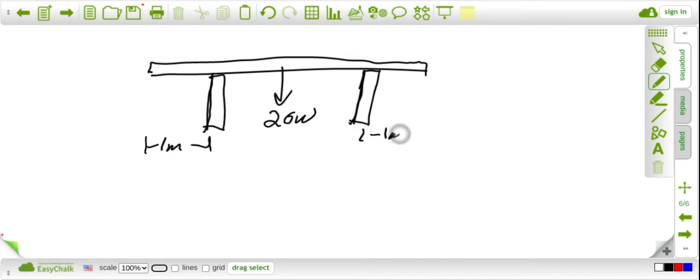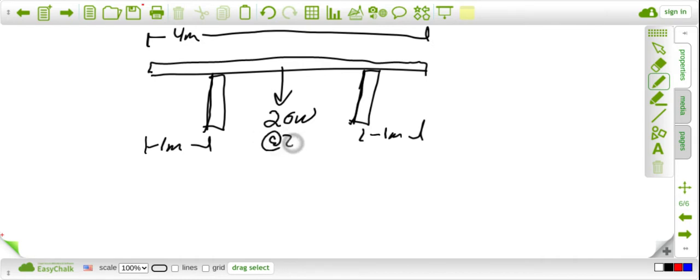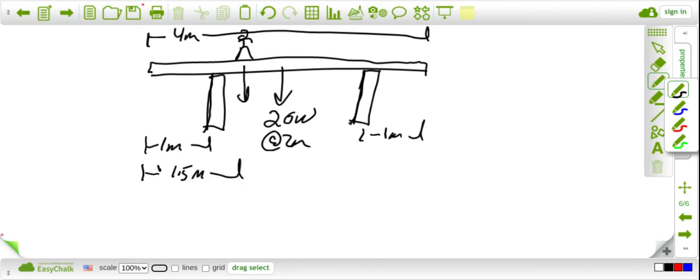This is 1 meter out to here, and it's a 4 meter board altogether. So this is located at the 2 meter mark. And let's say that we have a person standing at the 1.5 meter mark, 1.5 meters out, and that person has a force of 100 newtons.